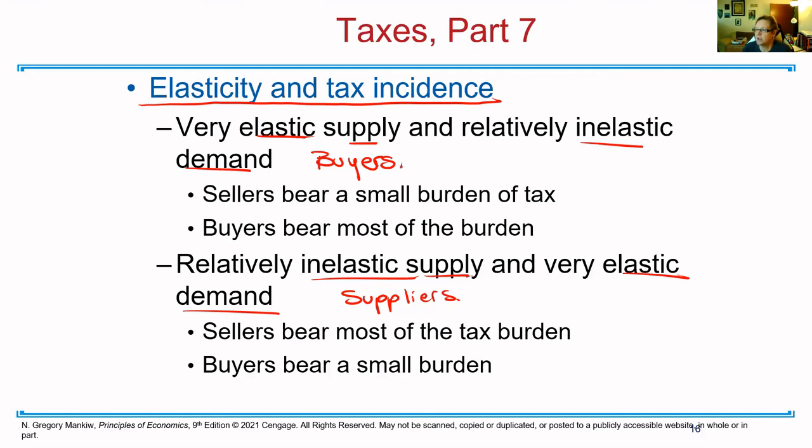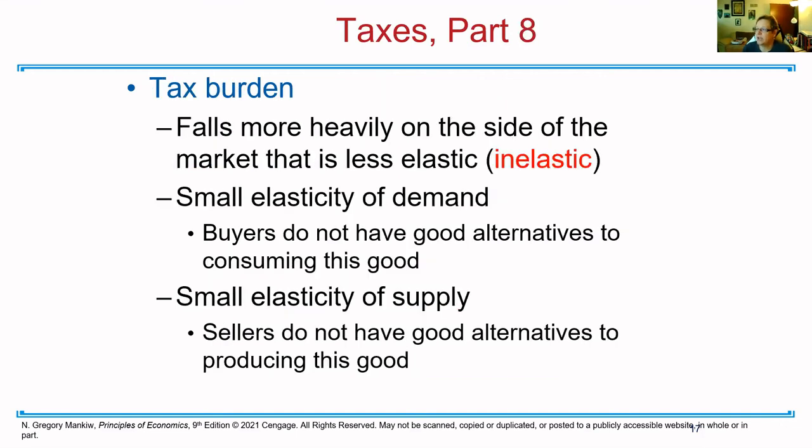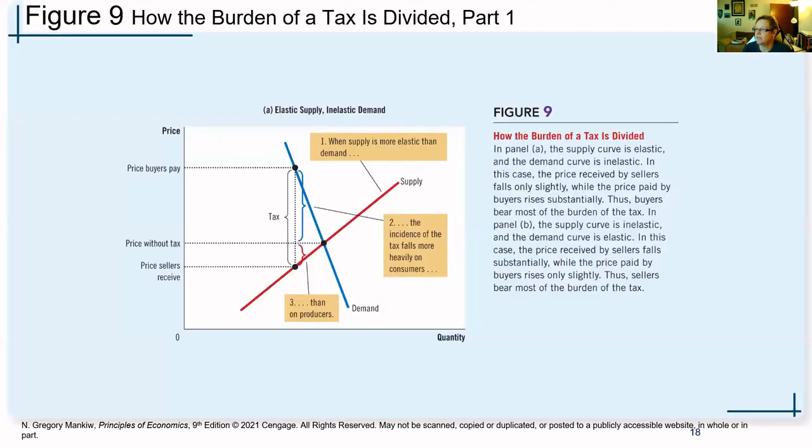Okay. So again, just reiterating that the tax burden always falls to the more inelastic side of the market. So here we have demand. Now remember, the flatter a curve, the more elastic it is. Okay, so the opposite, the steeper the curve, the more inelastic.